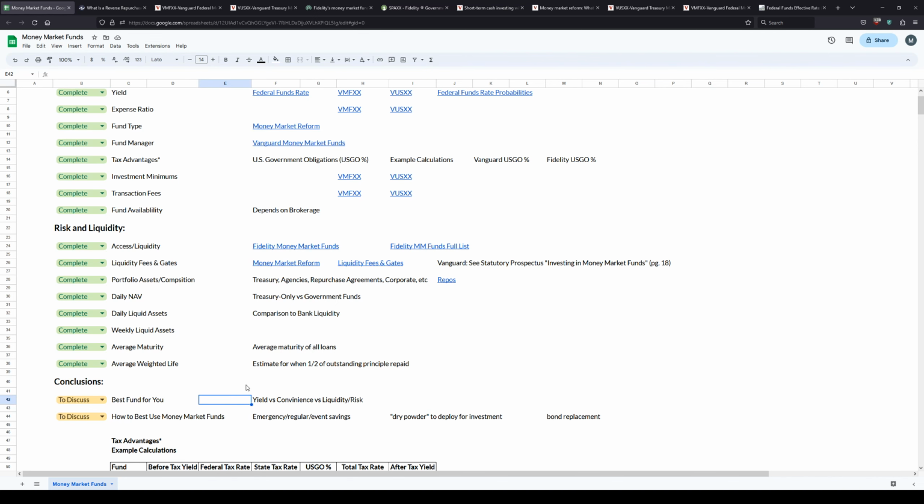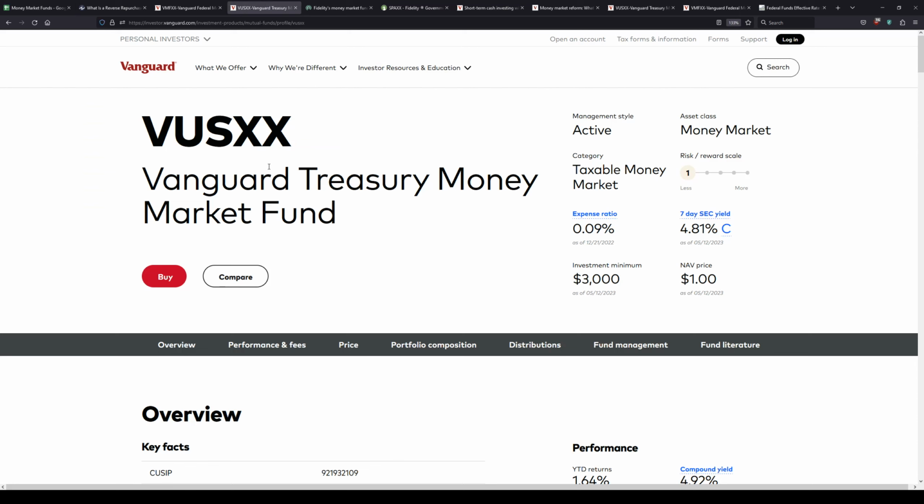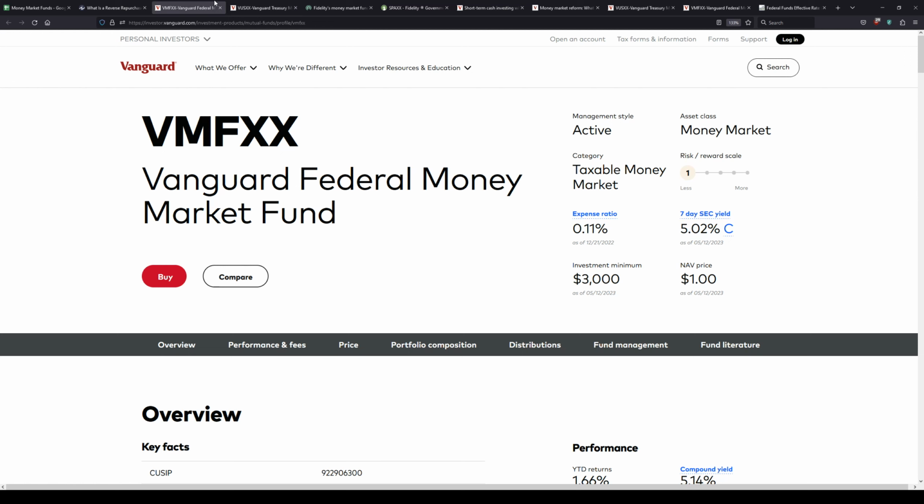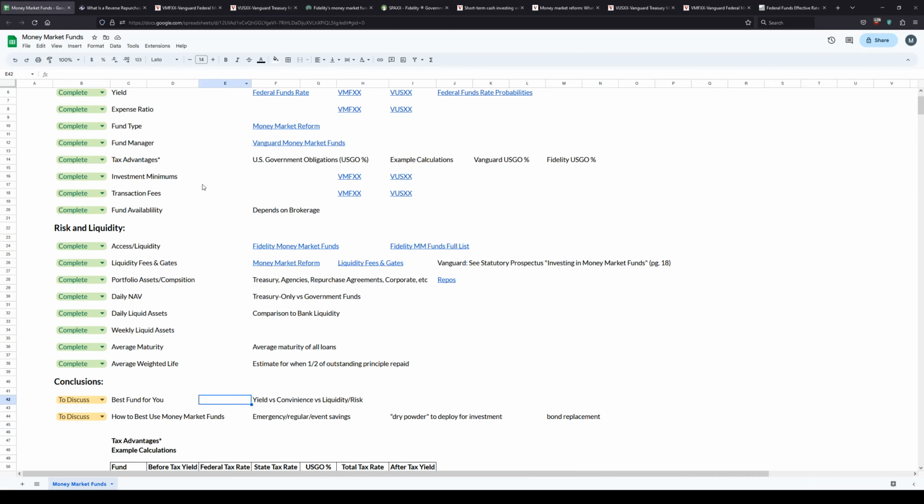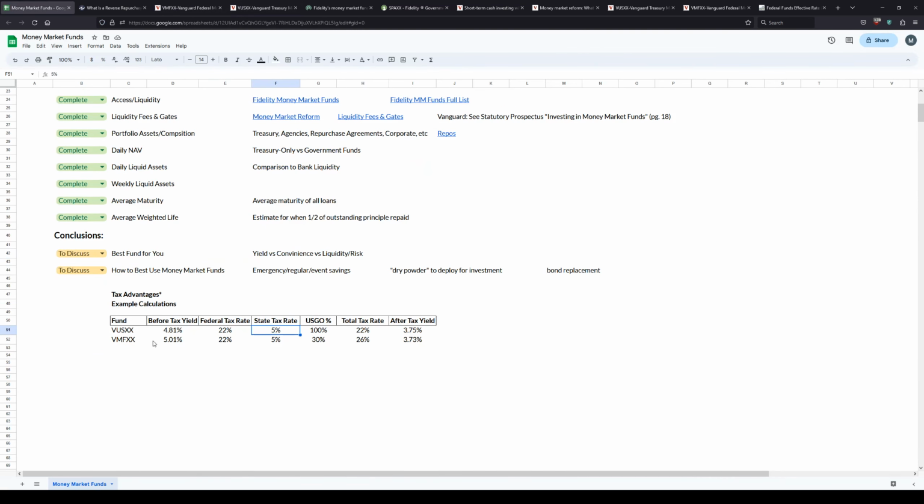If liquidity and risk is a concern, then the Vanguard Treasury Money Market Fund is likely both the safest and most liquid fund when it comes to underlying portfolio assets. You do have a slightly lower 7-day SEC yield compared to the Vanguard Federal Money Market Fund. However, as we discussed, there are some state tax benefits if you live in a state with income tax, where your after-tax yield might actually be higher given the benefit of 100% investment in US government obligations, which are exempt from state income tax.